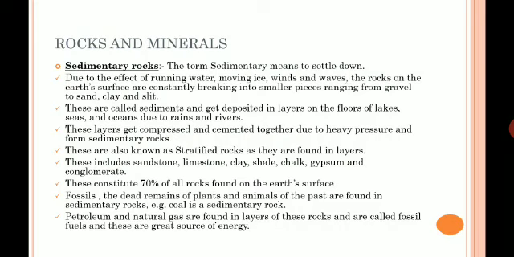Petroleum and natural gas are found in the layers of these rocks and are also known as fossil fuels, because they are a good source of energy.